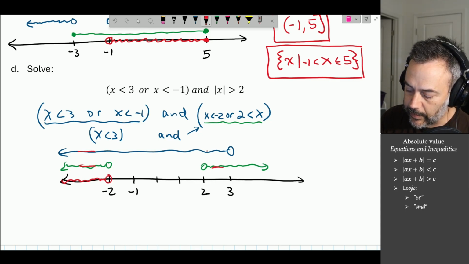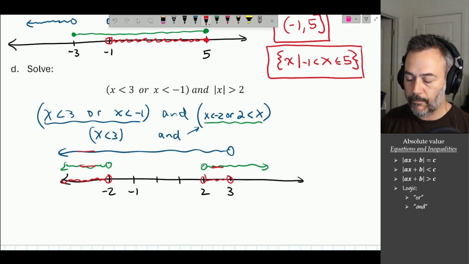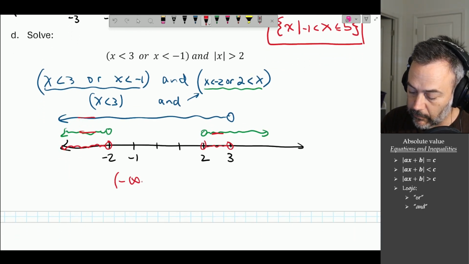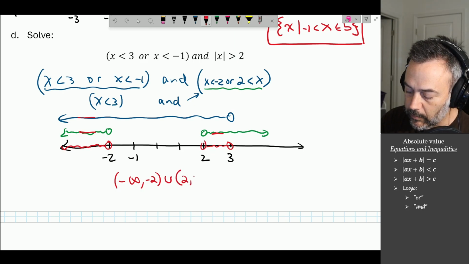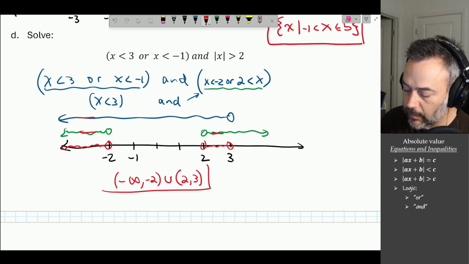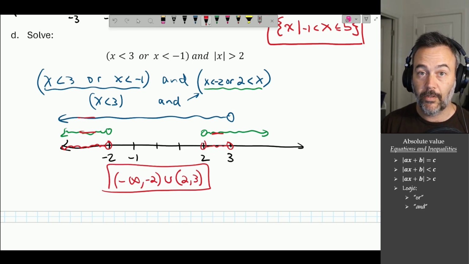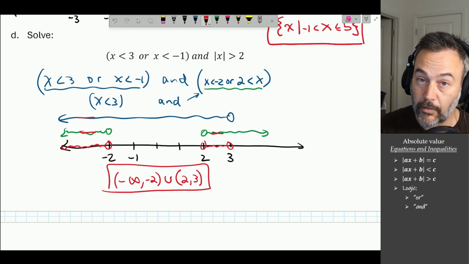And we've got this little section here where it's overlapping from 2 to 3. Okay. So our final solution would be everything from negative infinity up to negative 2, not inclusive, union everything from 2 to 3, not including the endpoints. Okay, so that gives you a few extra examples just in case this was giving you trouble, and I'll see you in class.